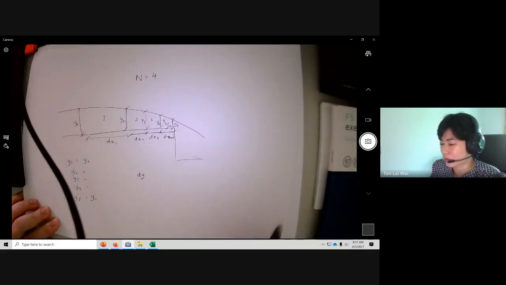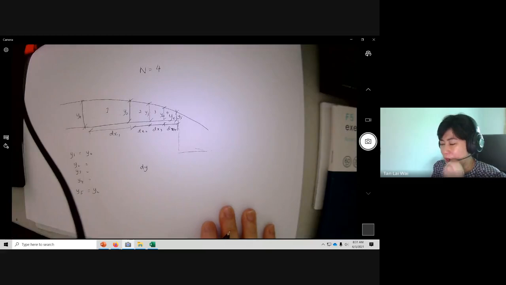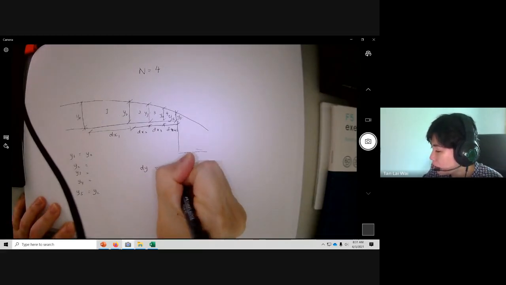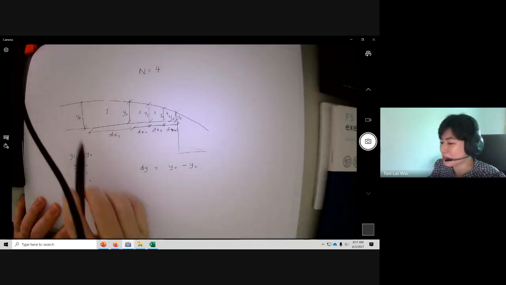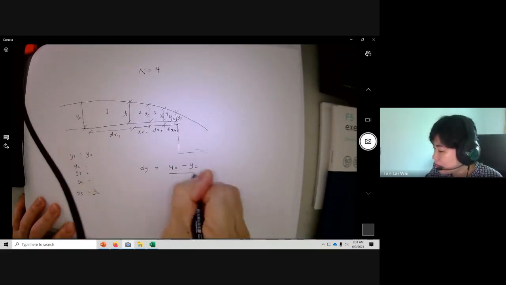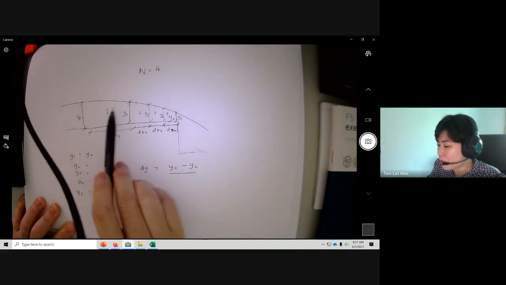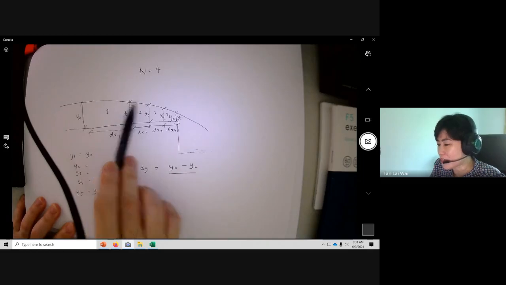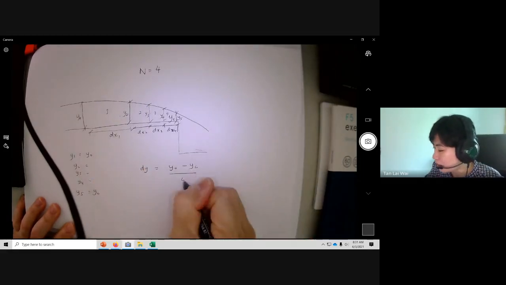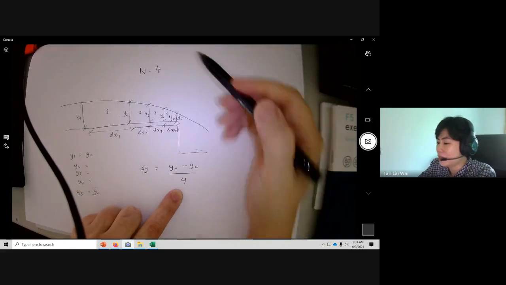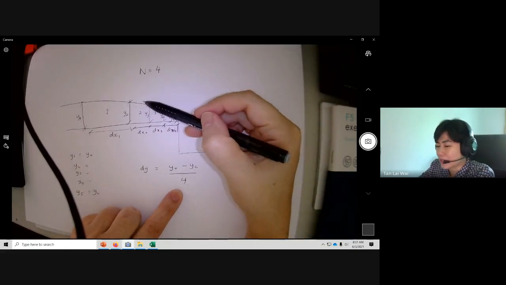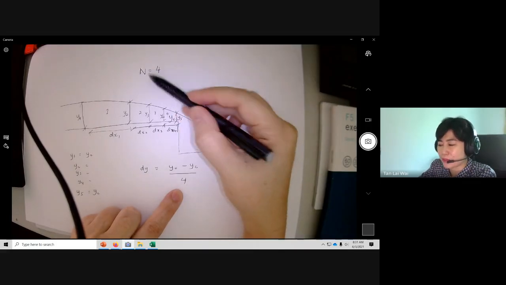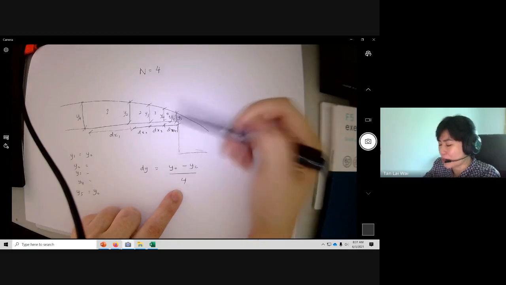That means the decrease of depth would be in terms of dy. dy is y naught minus yc, the difference between these, divided by the number of decreases: first, second, third, and fourth. So these 4 decreases in depth of flow represent the 4 steps. That means there are 4 parts.